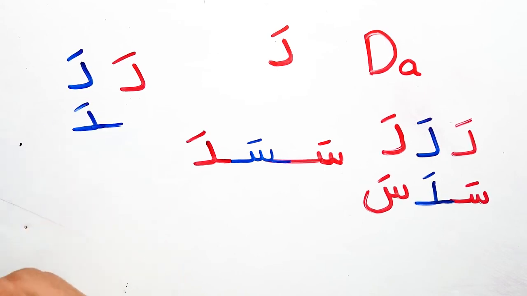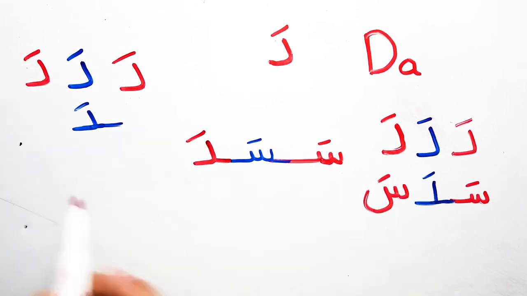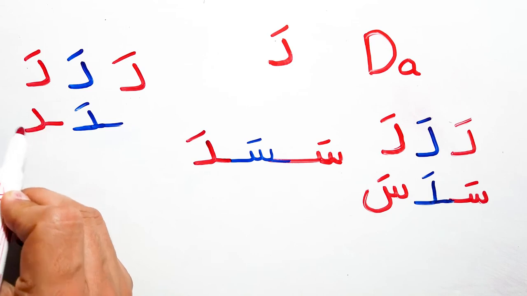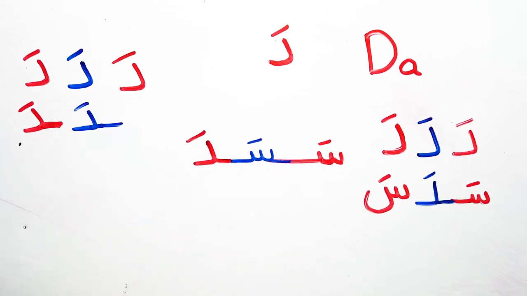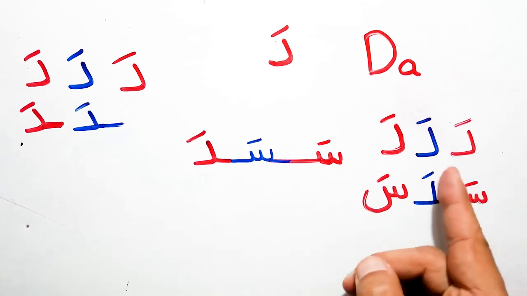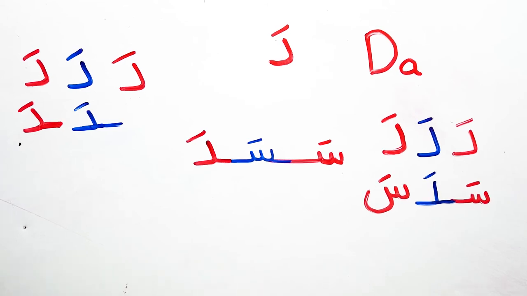The shape of da in the end of the word can be like this, da, like here, or like this, da, when the previous letter is not a refusal letter. Da da da, se da se, se da. Now let's learn another one.